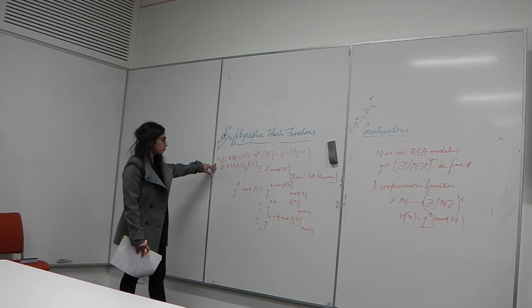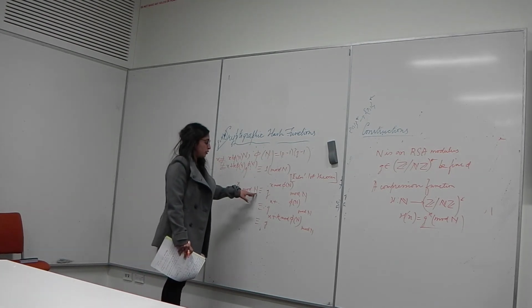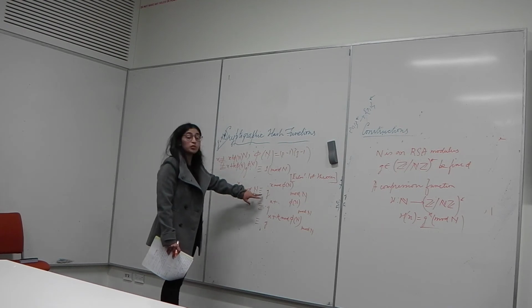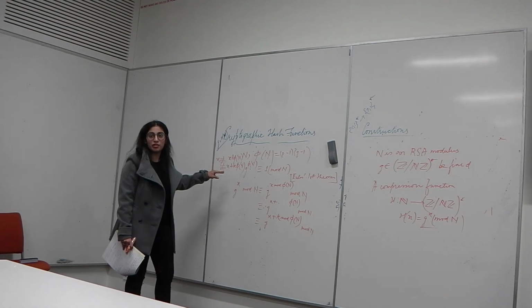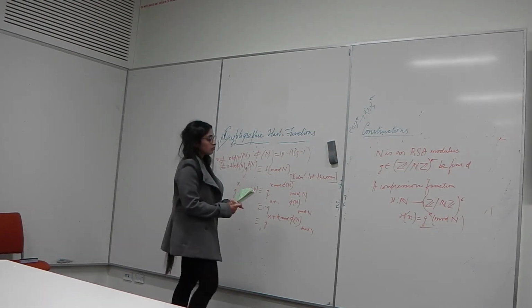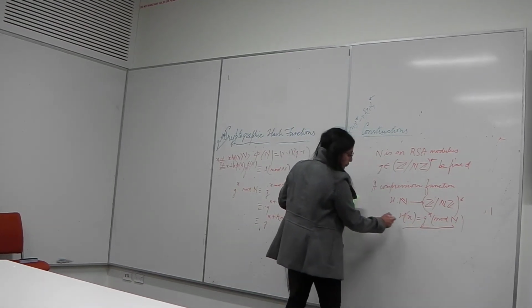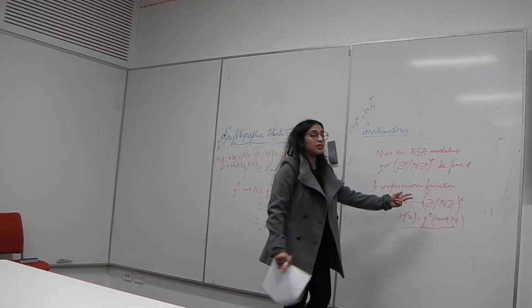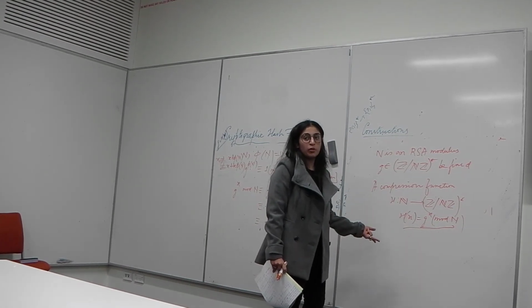So if we don't know the factorization of n, it will be difficult to create collisions for this type of messages. And also the first pre-image, as in inverting this, will be difficult because this is the hardness of the discrete logarithm problem.